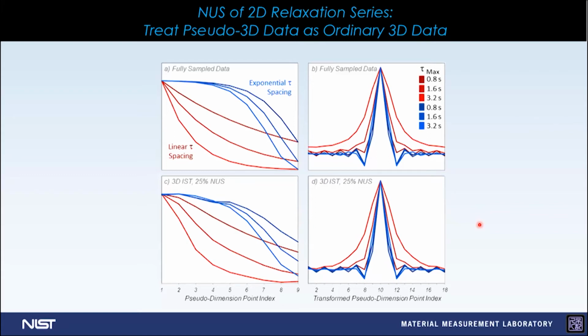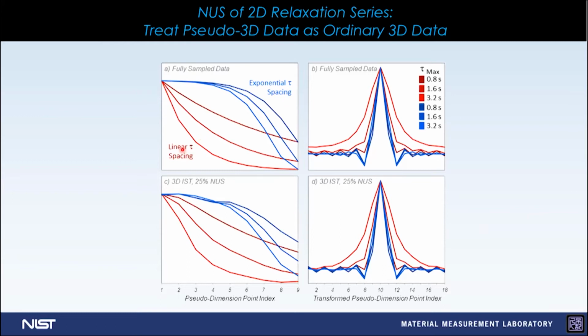And we can see examples of those here. So at the top, we have examples where the tau values in the pseudo dimension are spaced linearly. And if we look at those curves, what you see here is the intensity evolution of one particular peak in the spectrum.